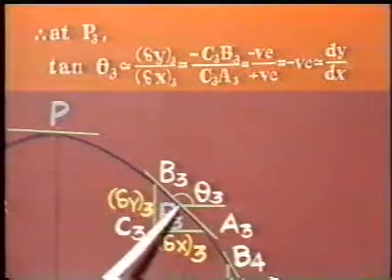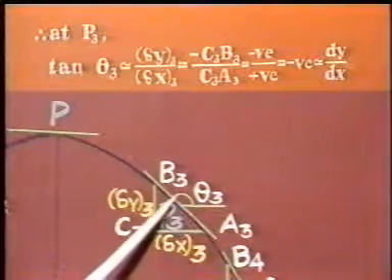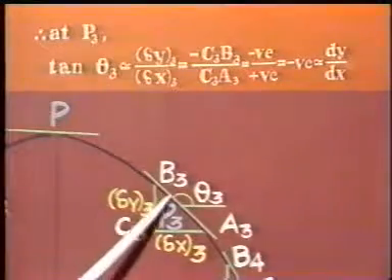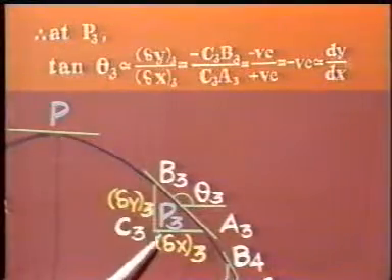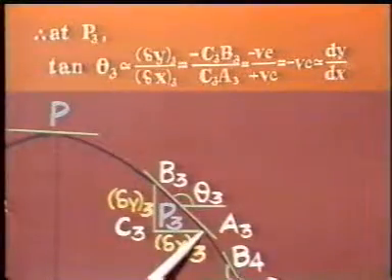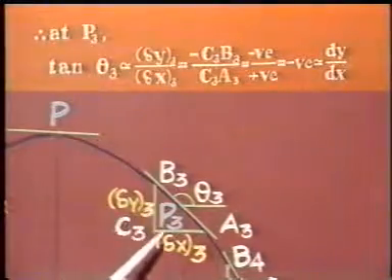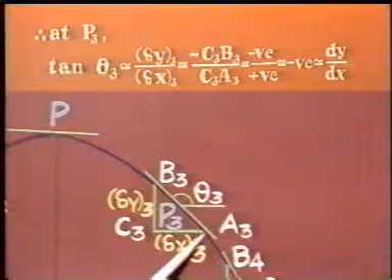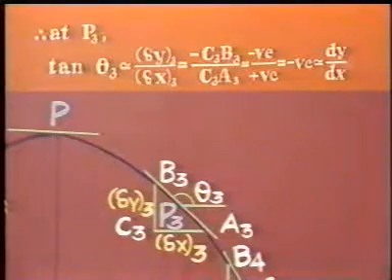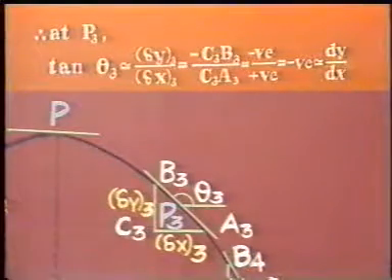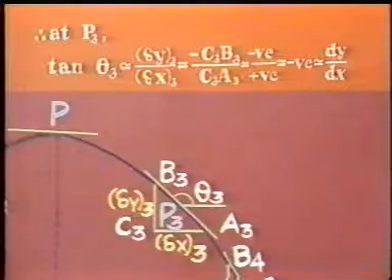Therefore, at point P3, tan theta 3 is approximately equal to delta y3 divided by delta x3, which is equal to minus C3B3 divided by C3A3. Negative divided by positive is negative, and it is approximately equal to dy upon dx.